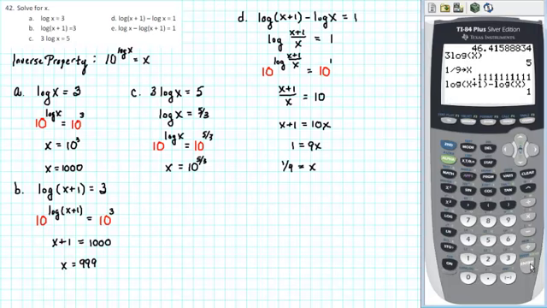We press enter, we get the number 1, which is the same value that we have on the right side of the equation, and so we've solved the equation correctly.